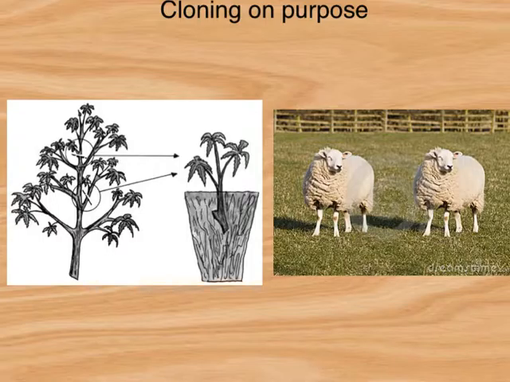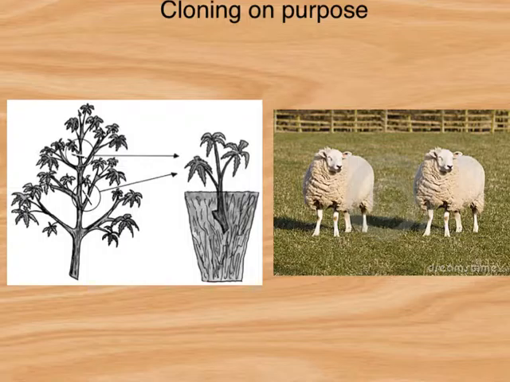The initial experiments were done with stem cells. Stem cells are undifferentiated cells, and because they're undifferentiated, all of the genes in the chromosomes are still turned on. And so if you were to take the DNA from a stem cell and place it into another cell, you could, in theory, allow that to grow into a new organism.